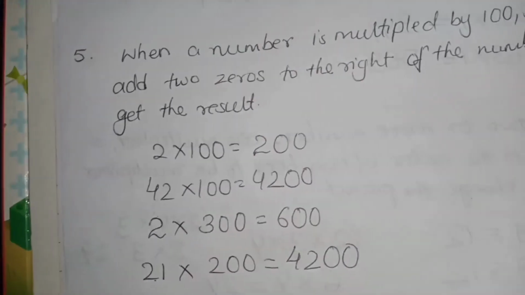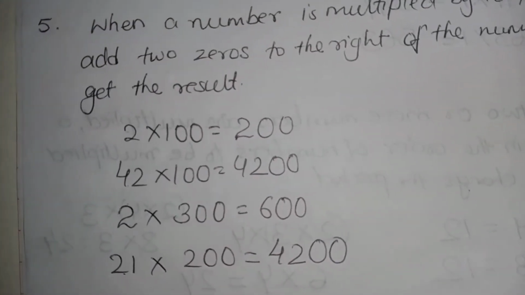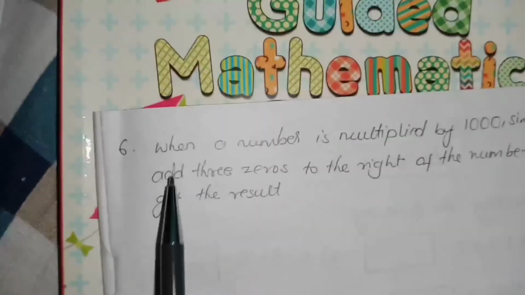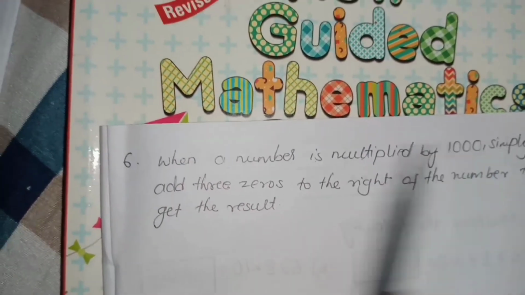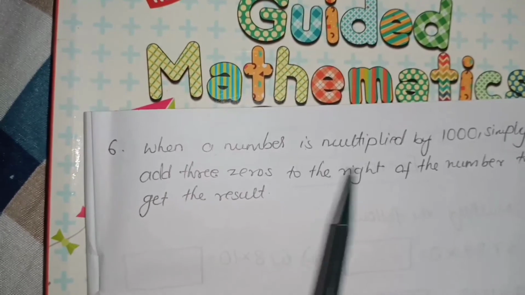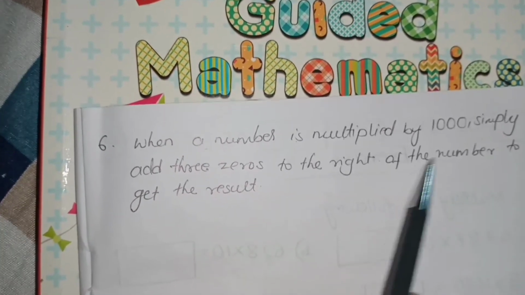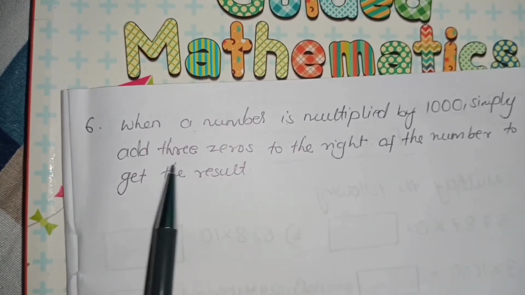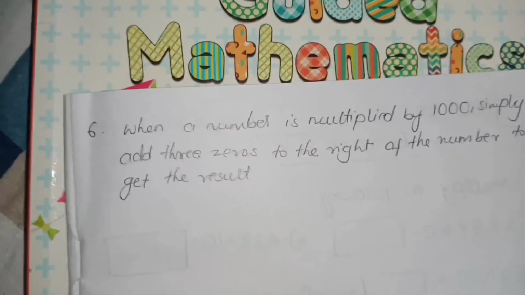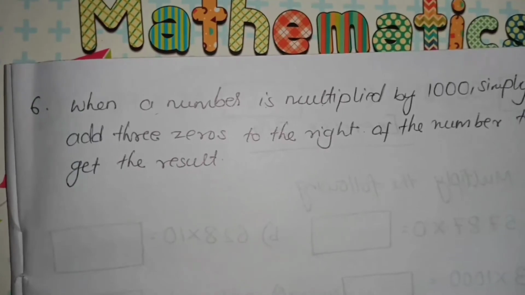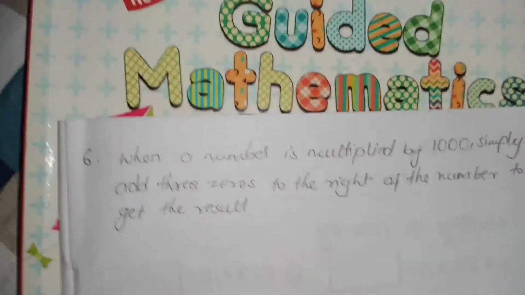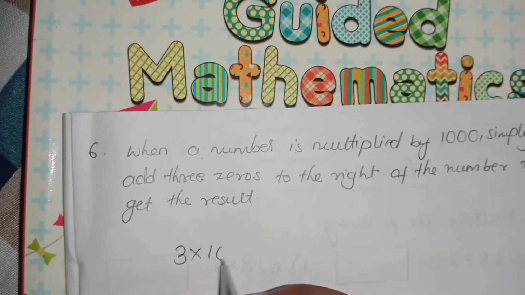Okay, now let's do the last property, then we will move to the exercise. Property number 6. When a number is multiplied by 1000, simply add three zeros to the right of the number to get the result. So when we are multiplying a number by 1000, we have to add three zeros to the right hand side of the number, like 3 into 1000.